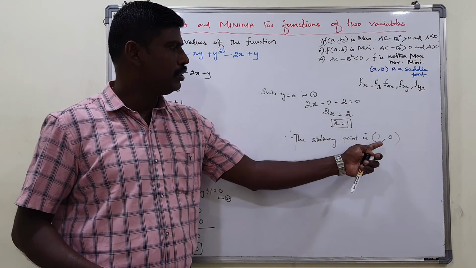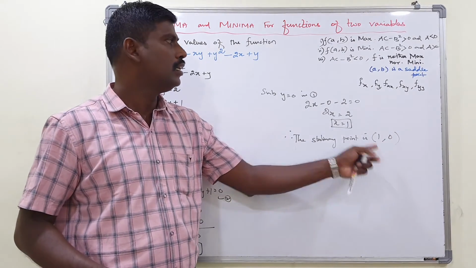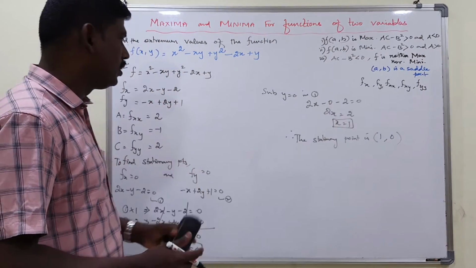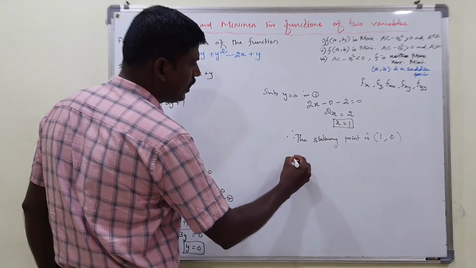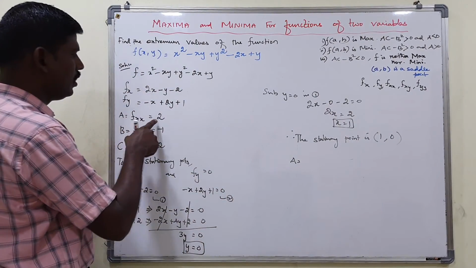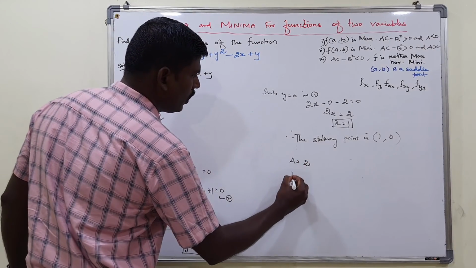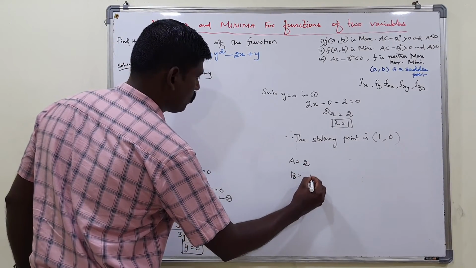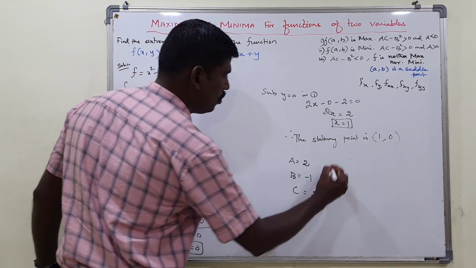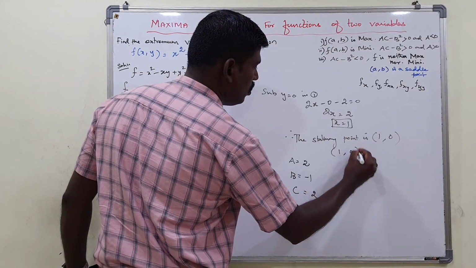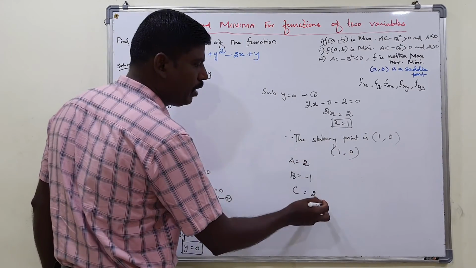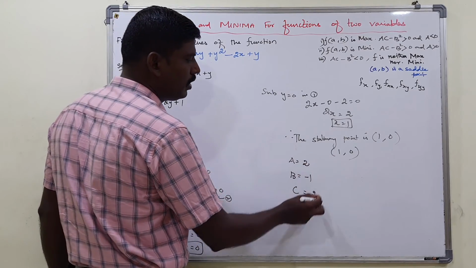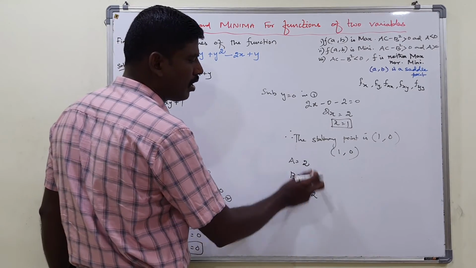Now I am going to check whether this is the maximum point or minimum point. So what is A? 2. What is B? -1. What is C? 2. What is the point? (1, 0). No variables are involved in the values of A, B, C. All are constants.